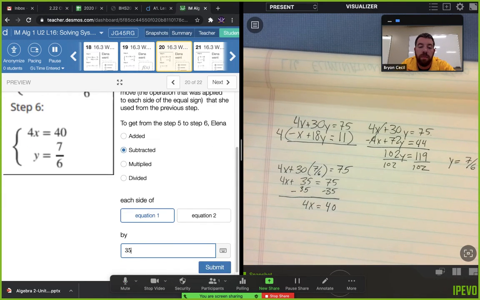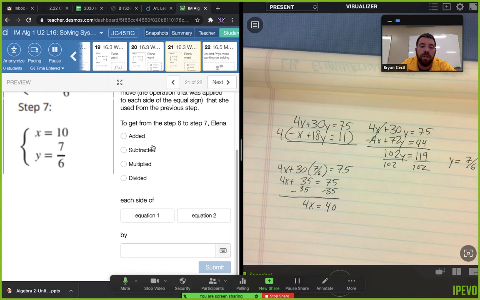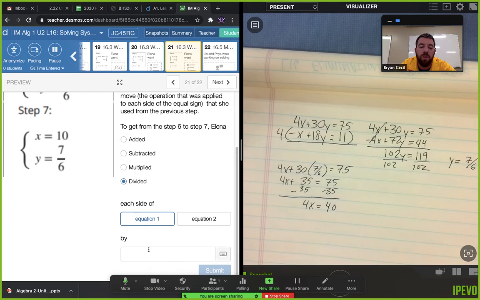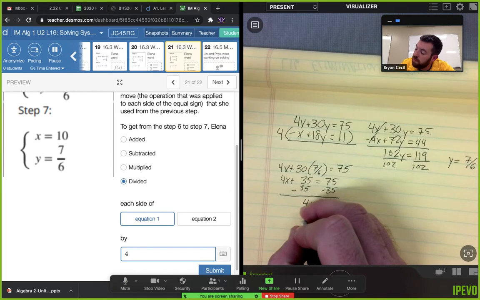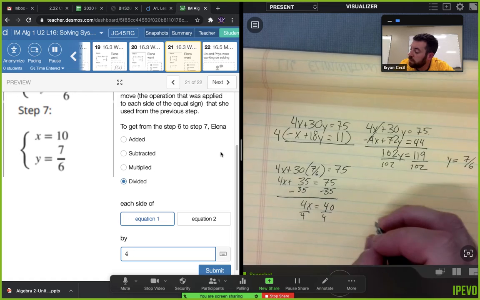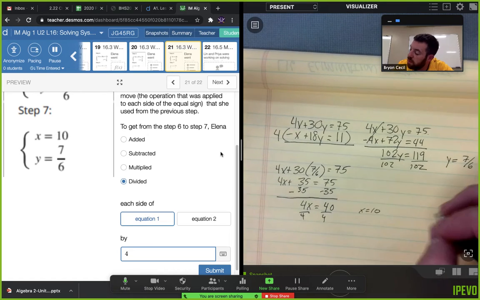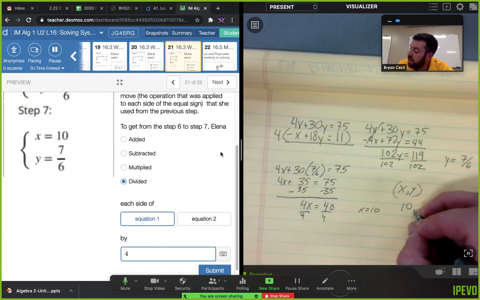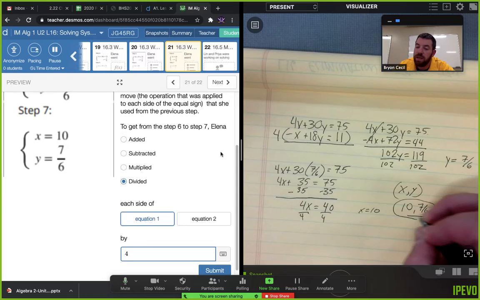So then we look here, guys. You're going to divide by 4, so I'm going to get x by itself, and you're going to see that x equals 10. So the solution to this, guys, remember, x, y is a coordinate point. So it would be (10, 7/6).